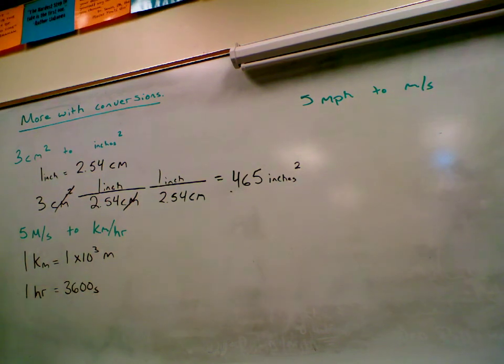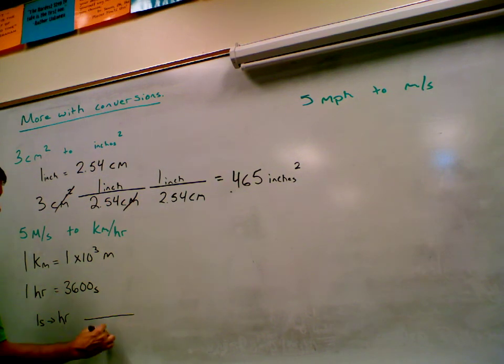So 1 hour is 3,600 seconds, right? Now, let's say I had 1 second, and I want to see how many hours that was. How would I set up my fraction bar? If I had 1 second, I want to go to hours. What would go on the bottom?